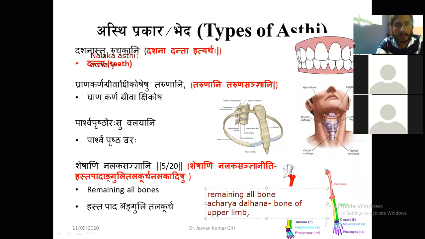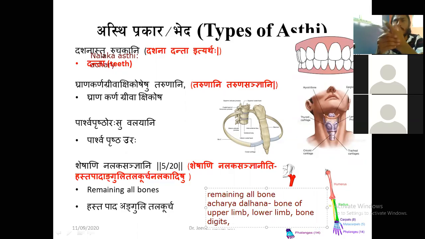Pada means the bones of the lower limb. Then Anguli, that is the bones of the digits, or bones of the fingers. Then Talakurcha, that is the bones of the palm and sole.